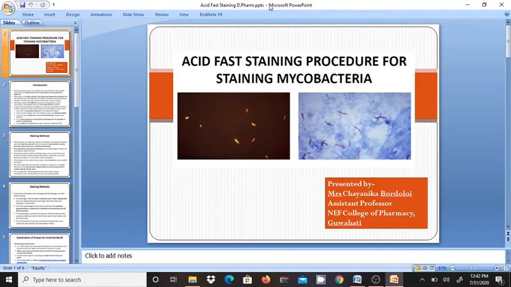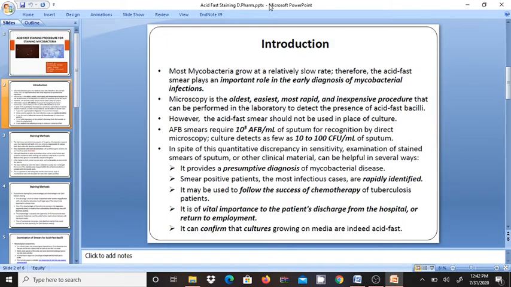Today, we are going to discuss the acid-fast staining procedure for staining mycobacteria. So, in introduction, most mycobacteria grow at a relatively slow rate. Therefore, the acid-fast smear plays an important role in the early diagnosis of mycobacterial infections.